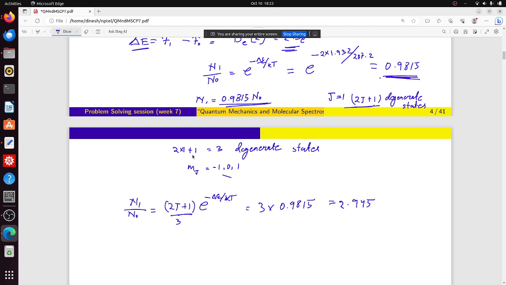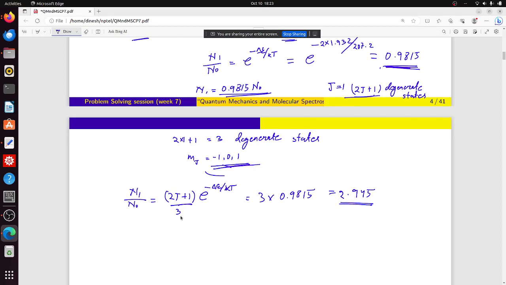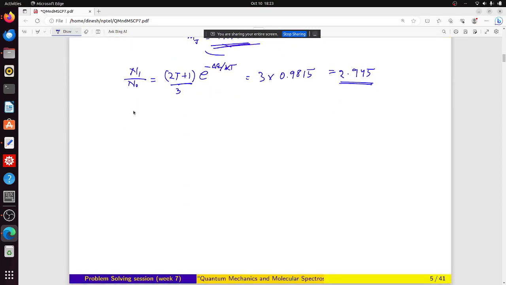As the states are degenerate, the number of particles in the excited state will be more compared to the ground state. Or let's say the number of particles in excited state will be more for j equal to 1 compared to j equal to 0 state.